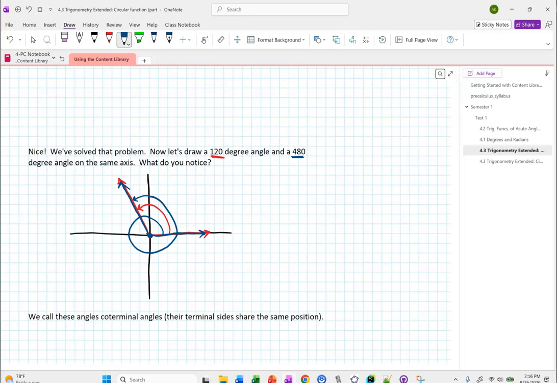I notice my initial side and terminal side are in the exact same locations, even though the angles have different measures. One is a 120-degree angle, the other is a 480-degree angle. But if I strip away the rotation marks, the arms of the angle are in an identical location. Everybody's okay with this? This has a special name.